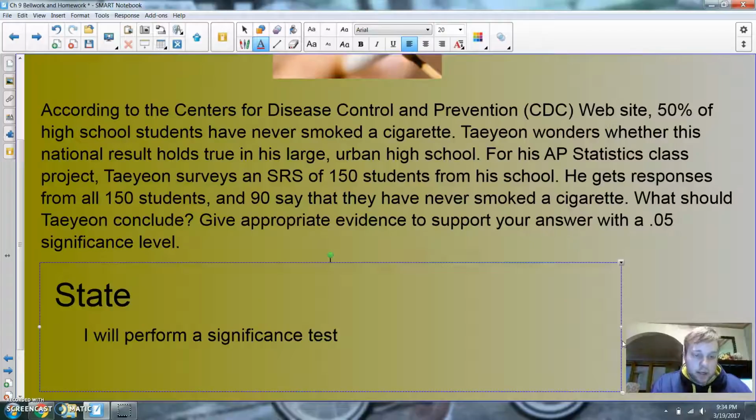We are going to say H sub 0. The null will be P equals, well, let's see. If it were to hold true, it would be the same, which would be 50%.